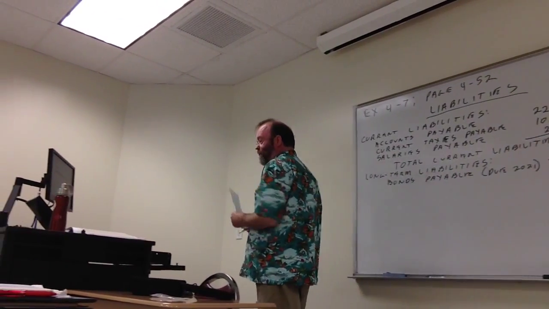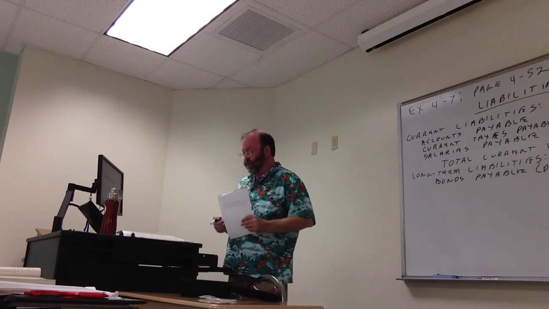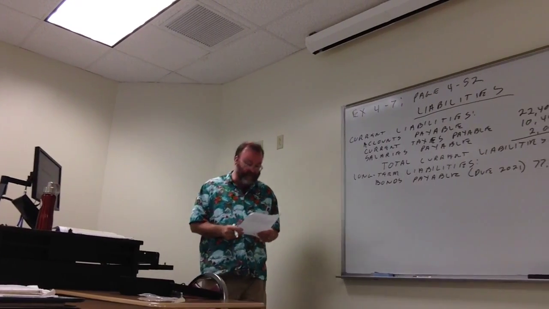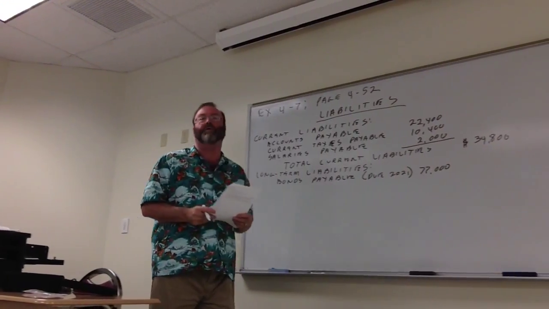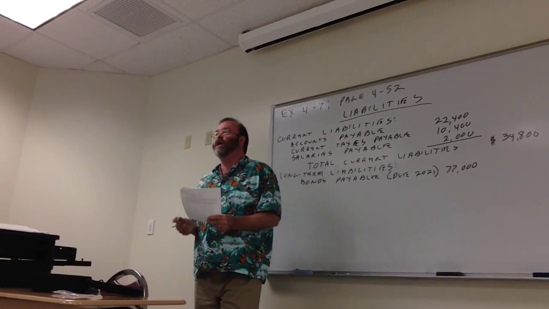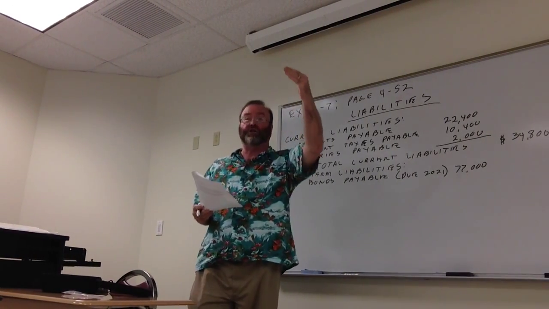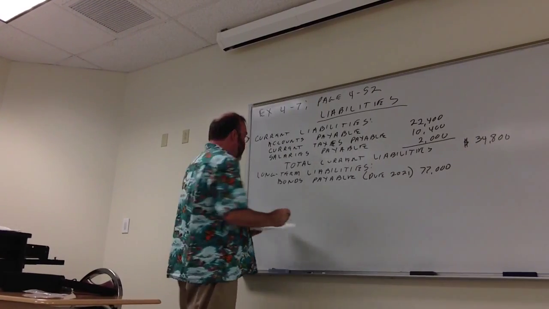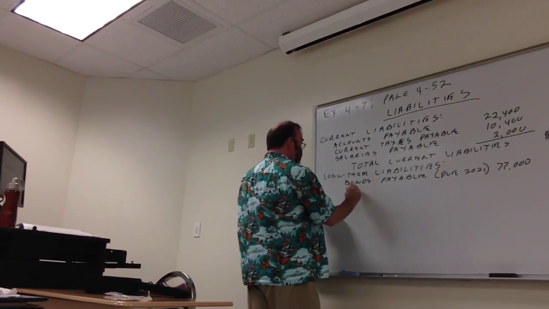But the bonds have a contra liability account. Anybody pick that out? It has a discount on bonds payable. If it was a premium on bonds payable, it would be an adjunct liability account, adding to the liability. But this one is subtracting because it's a discount. Mr. Norris? Yes. It's 2024, not 2021.